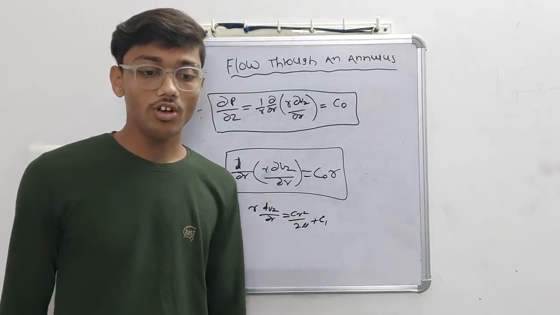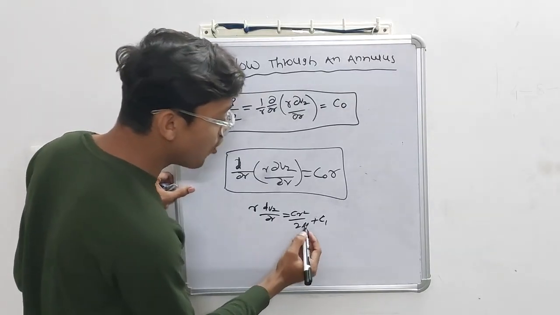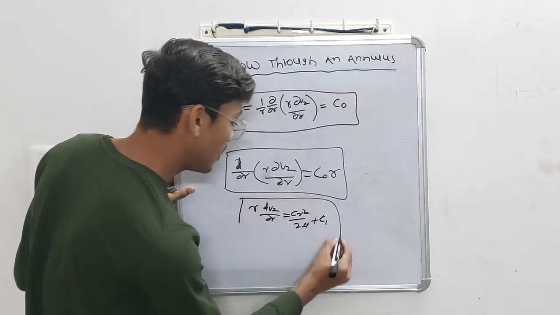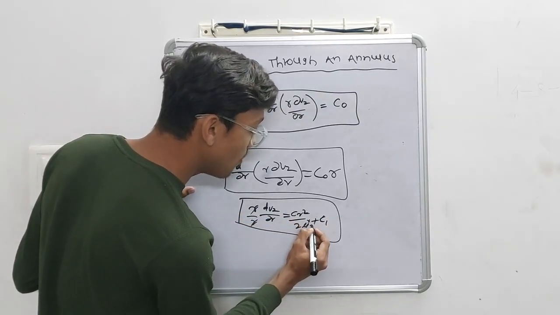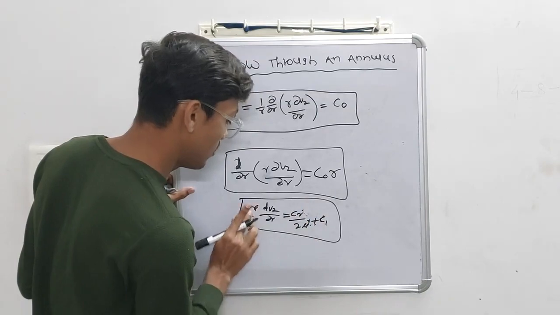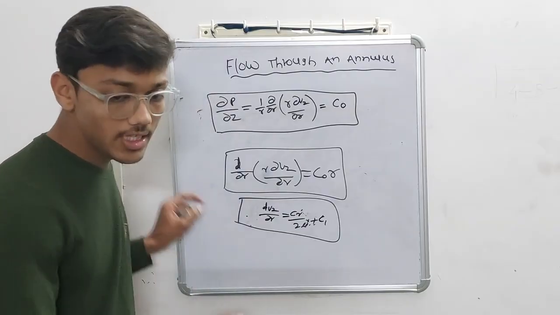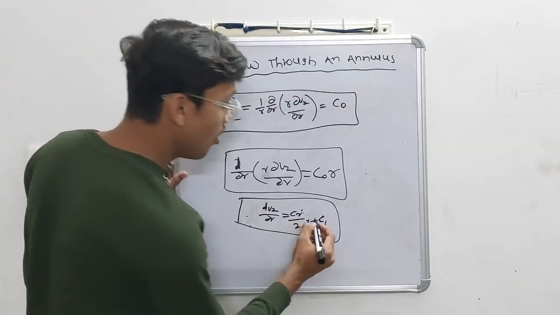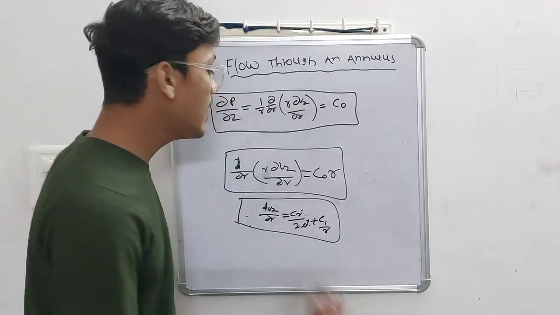Further, we divide this equation by r, so one r cancels out, leaving only one r. Finally, we have dvz by dr equals C r by 2 mu plus c1 divided by r. Then we integrate again.